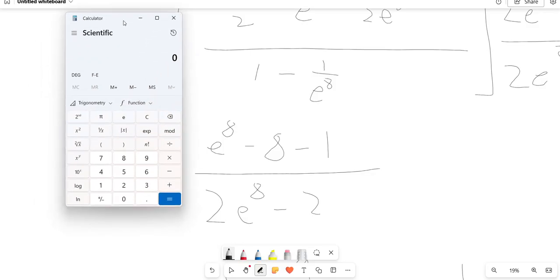So punch in e to the 8, e to the power of 8, equals. So let's put that in the memory.